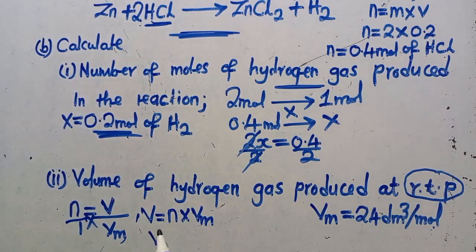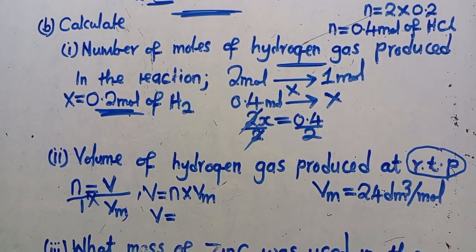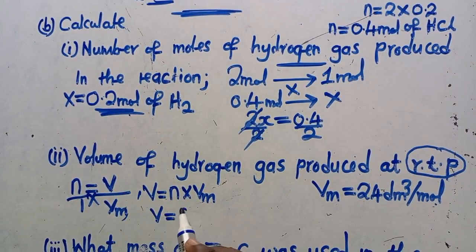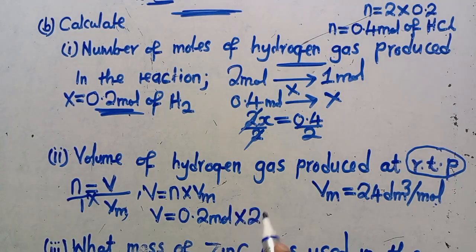So volume is equal to the number of moles, that is 0.2 moles, times the molar volume, 24 dm³ per mole. Finally, what is the answer?